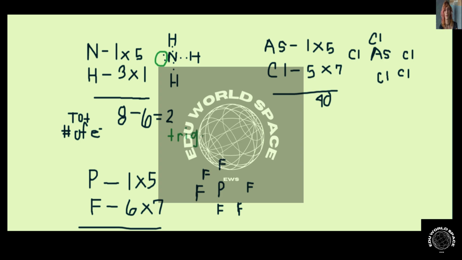And for the hybridization, we see that we have a bunch of s and p orbitals overlapping, so the hybridization of this is going to be sp3.